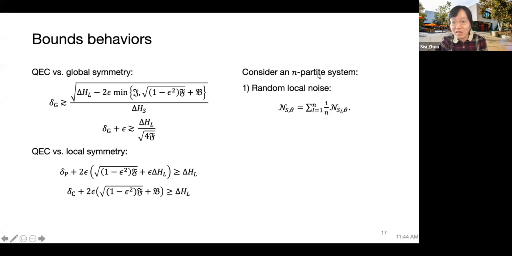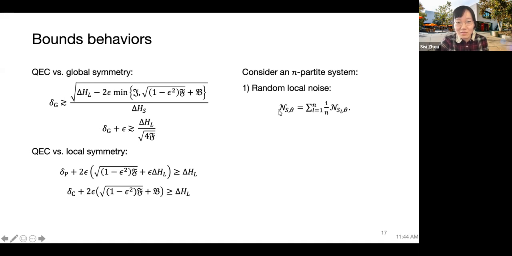So we are considering an n-partite system, and this SL is the different systems, and we have n different systems. The noise channel happens with equal probability on each system. This is just for simplicity. We can actually have different probabilities, that's okay.